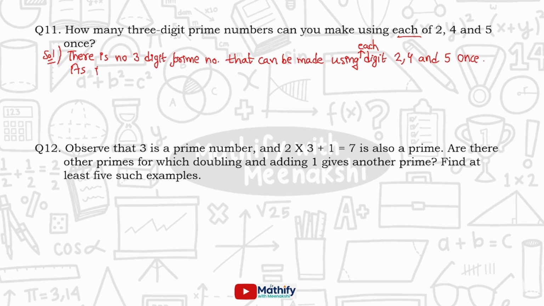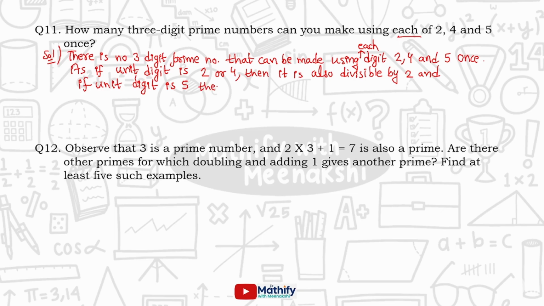If the unit digit is 2 or 4, then it is always divisible by 2 because it's an even number then. And if the unit digit is 5, then it is always divisible by 5. And that's why it's not possible.